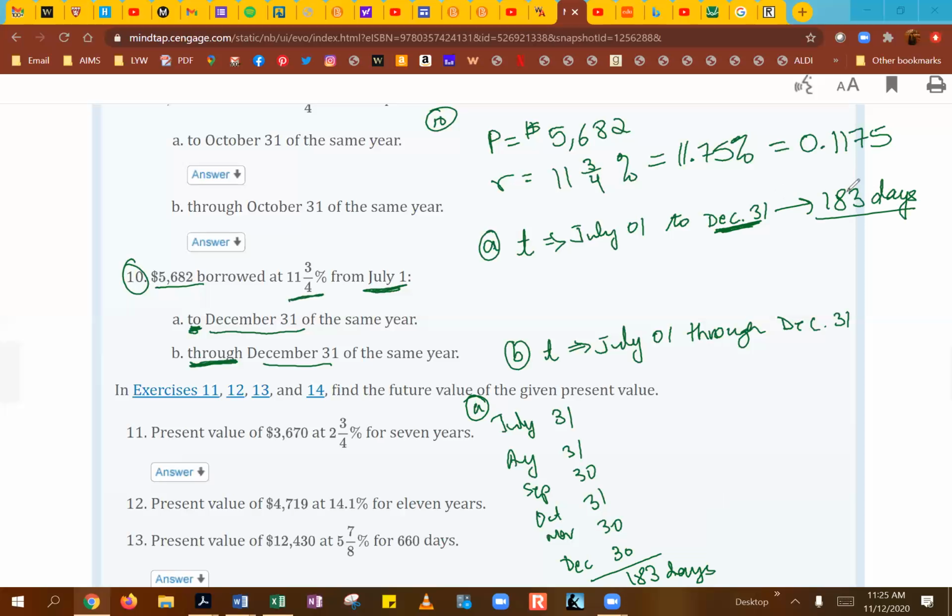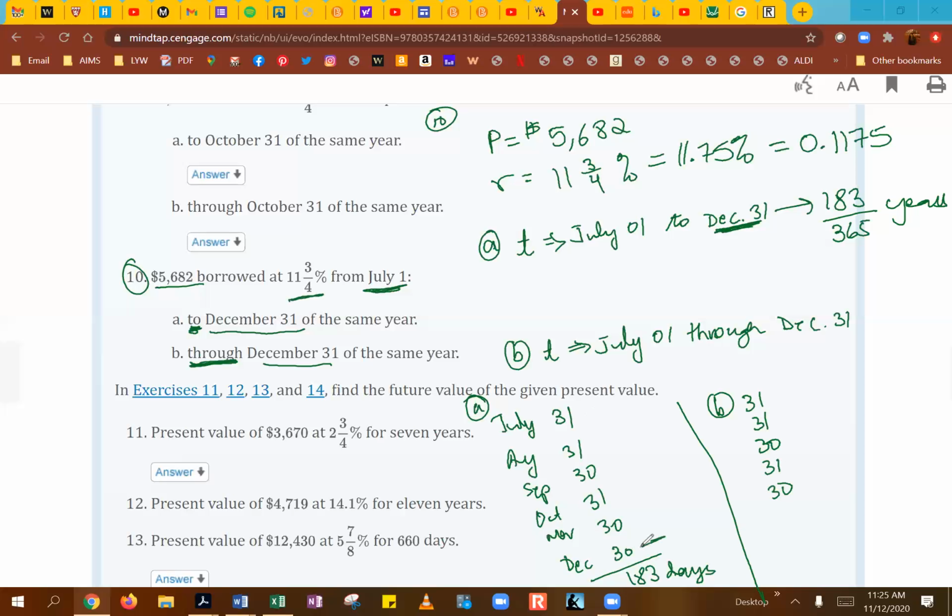So remember to convert this into years. We end up dividing this by 365, so that way our time, instead of being in days, will actually be in years. And for part B, you would do the same calculations, 31, 31, 30, 31, 30.